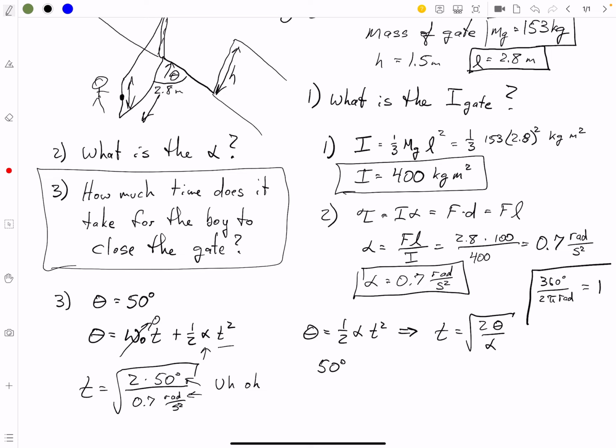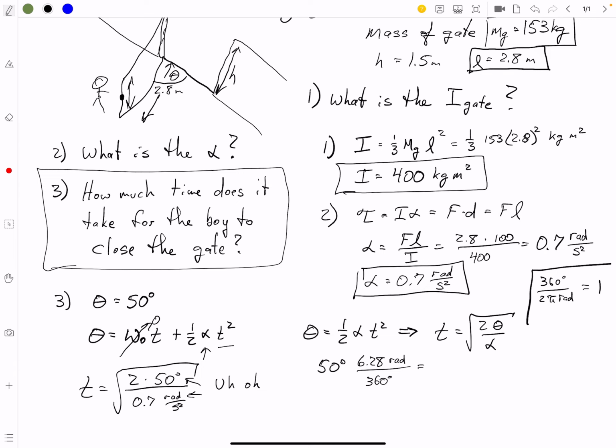Okay? So, we can flip that and say 2 pi radians equals 360 degrees. So we can do 6.28 radians divided by 360 degrees. That'll get rid of our degrees, and it'll give us our angle 50 in radians instead.